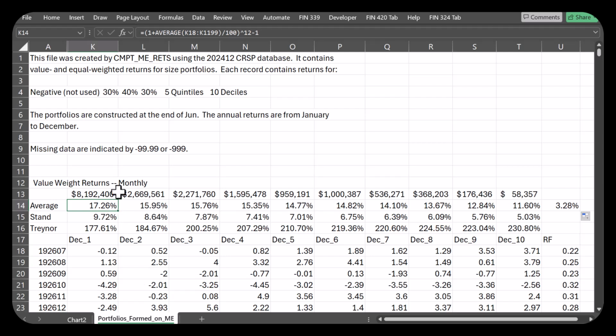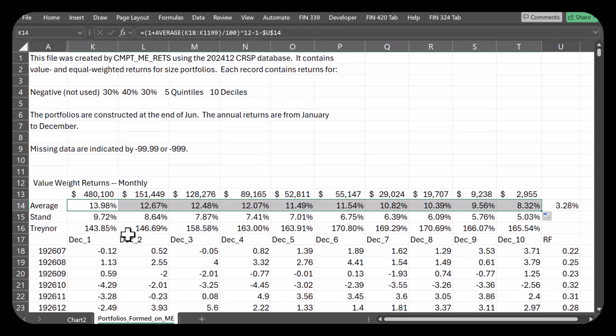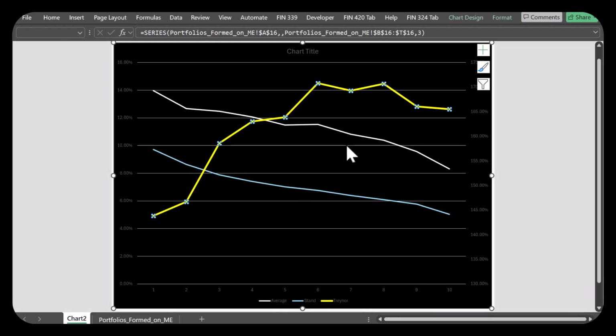From these, I'm going to deduct the average of the risk-free rate. Yeah, a little bit better. Standard deviation of that is not going to matter too much. Okay. But either way, it's not a straight line.